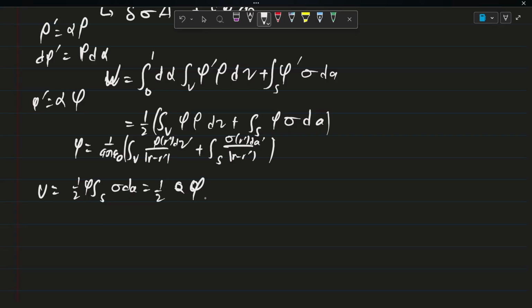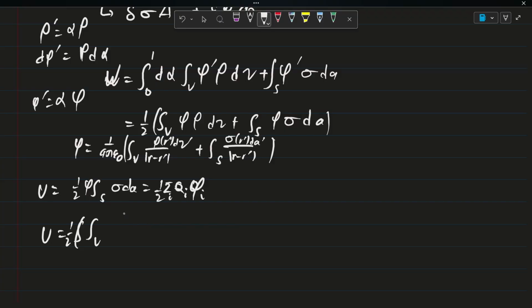And this is only for one conductor. If you have multiple of these conductors, you would just need to sum them up with respect to i, like so.